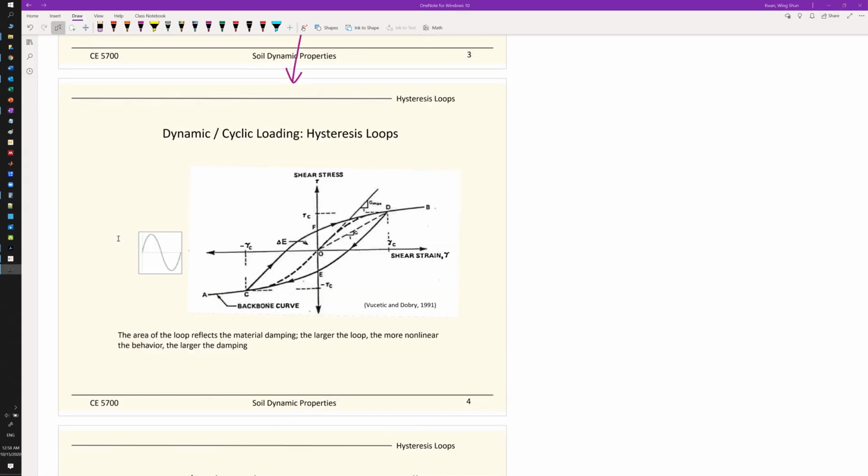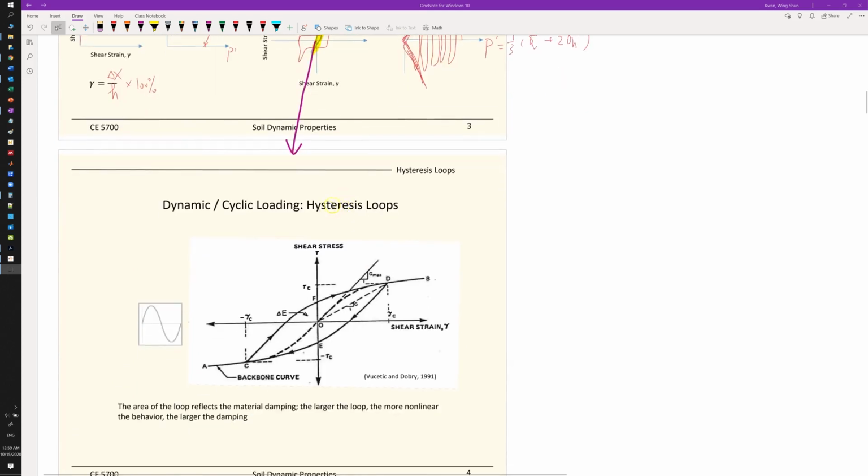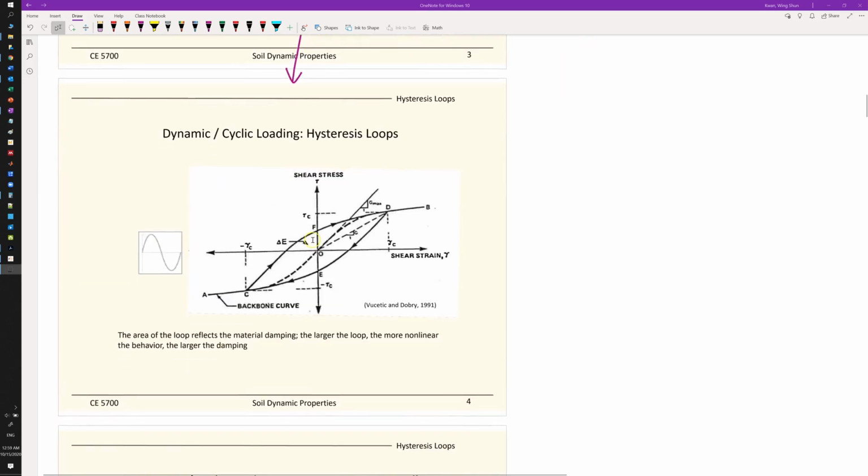Okay, so this is a zoom-in picture of the very first loop that we talked about previously. This is the hysteresis loop during the cyclic loading. This hysteresis loop is the first one, at very small strain, because this is the very first one.